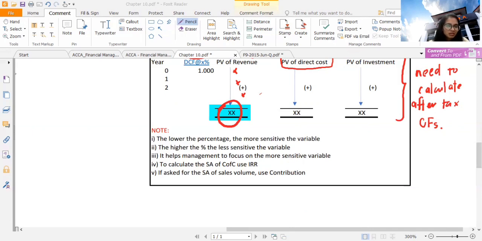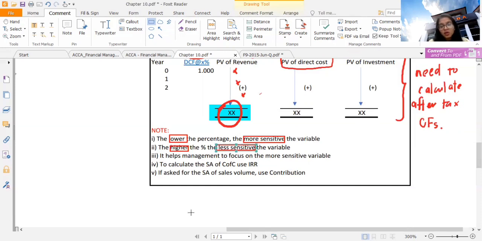If it is 2%, you wait for a shorter time before your NPV becomes negative. So you need to be a bit careful, because when you do this calculation, when you are able to identify the percentage, you must understand that the lower the percentage, the higher the sensitivity of the variable. Okay. Now, as opposed to that, the higher the percentage, the less sensitive is the variable.